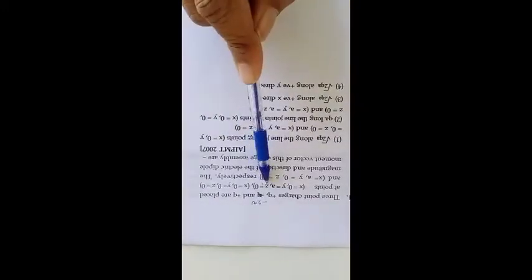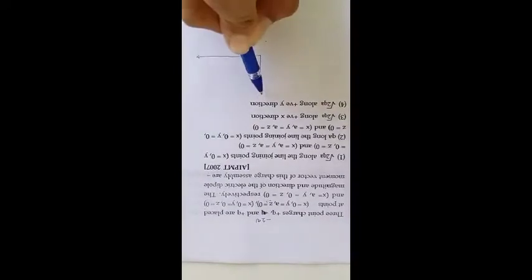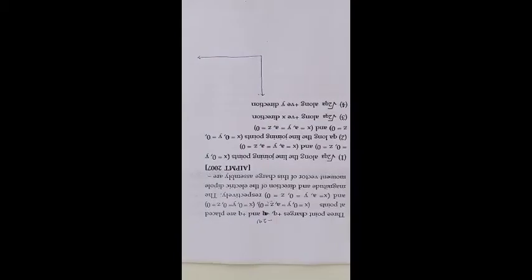Simple question only. Always z is 0, no need to consider that z. So this is like this, the x, y axis.